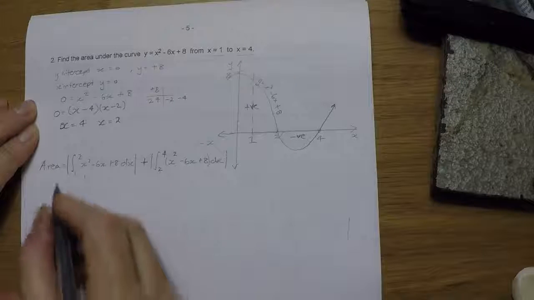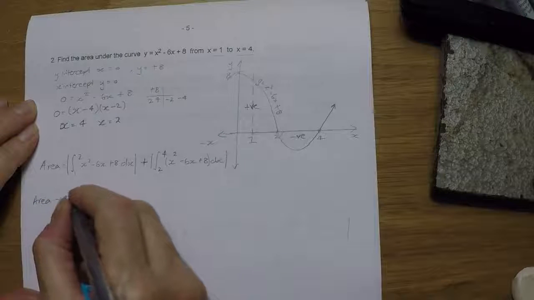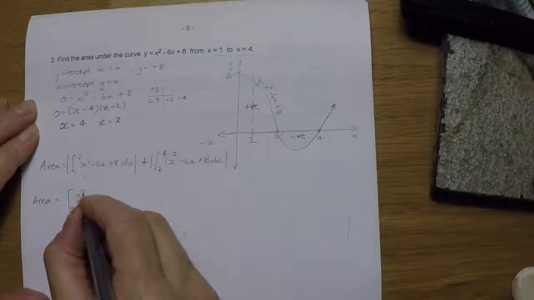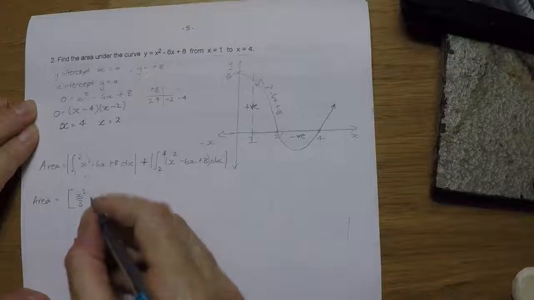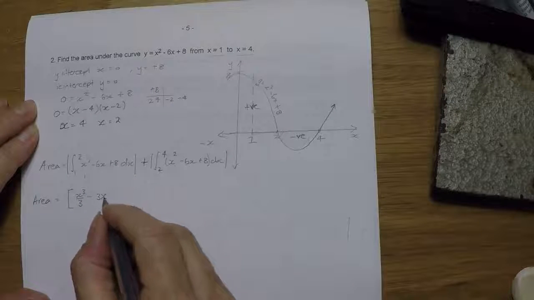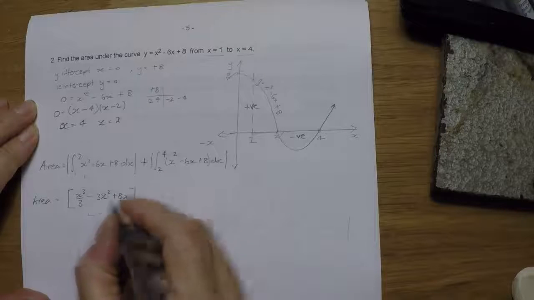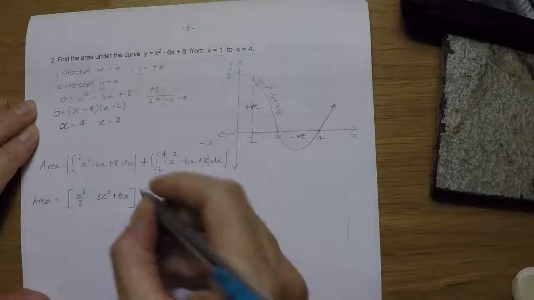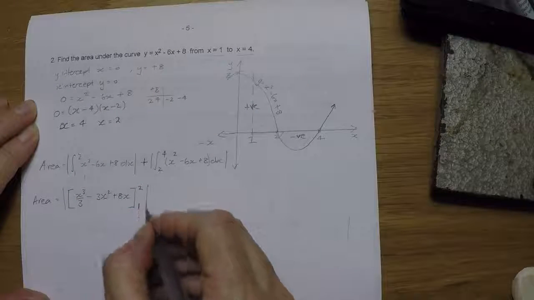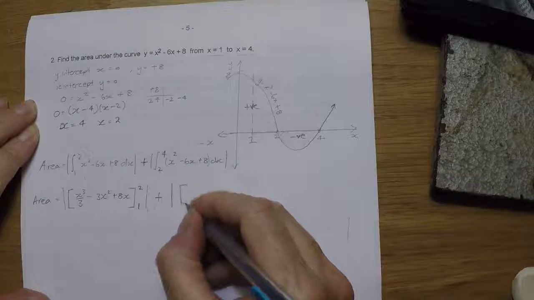So let's have a look at this. I need to integrate that and pop it into some square brackets. x to the third power divided by 3, minus 6x squared divided by 2 gives me 3x squared, plus 8x, with the limits of 1 and 2, plus, doing the same.